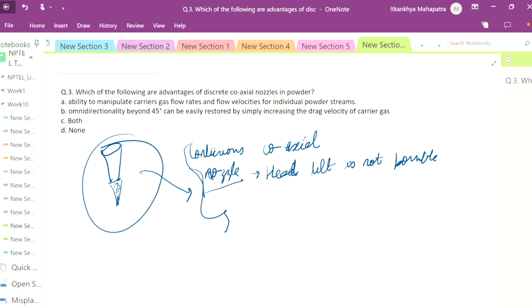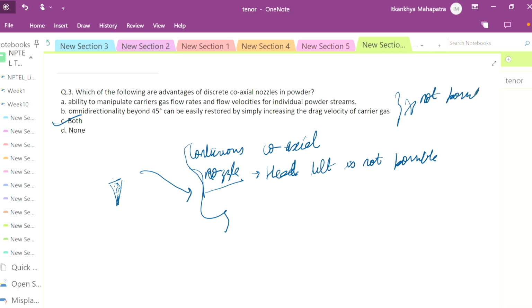But in the discrete coaxial nozzle, head tilt is possible and omnidirectionality can be achieved. So the correct option is both. The ability to manipulate carrier gas flow rates and velocities for individual powder streams, and omnidirectionality beyond 45 degrees, can be easily restored by simply increasing the velocity of the carrier gas, but this is not possible in the continuous coaxial nozzle.